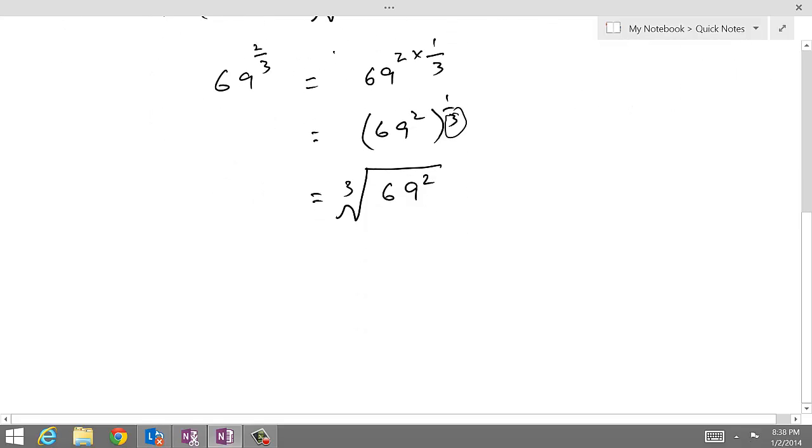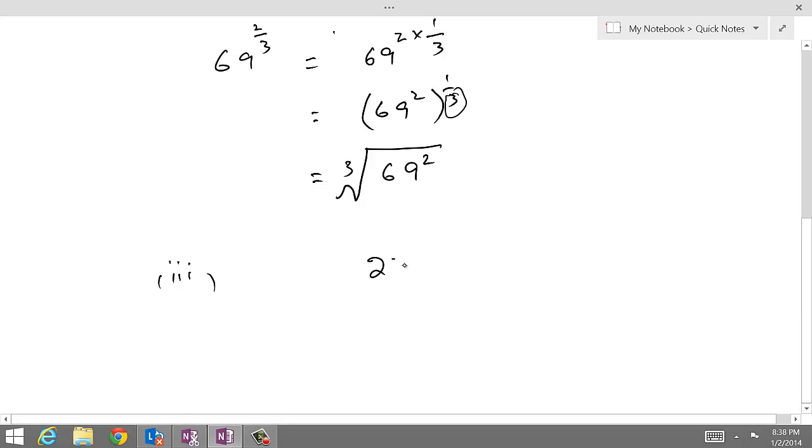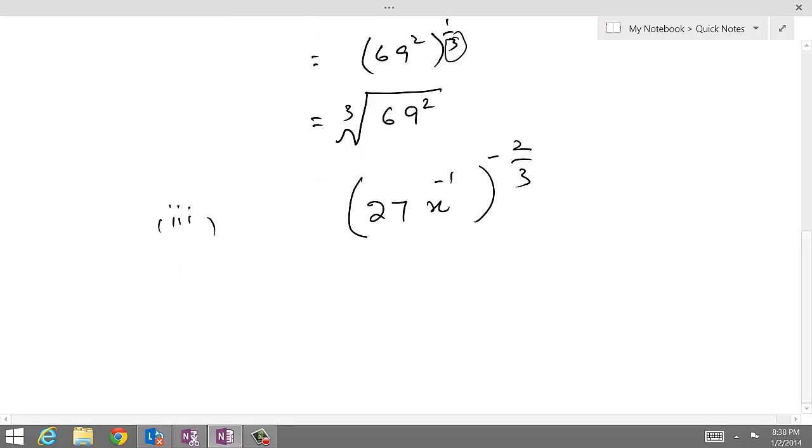And if we do another question, that would be 27 x power minus 1 and whole power minus 2 over 3, and we want to write this into radical form.